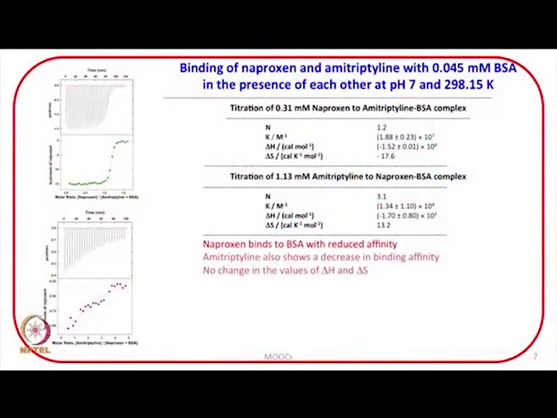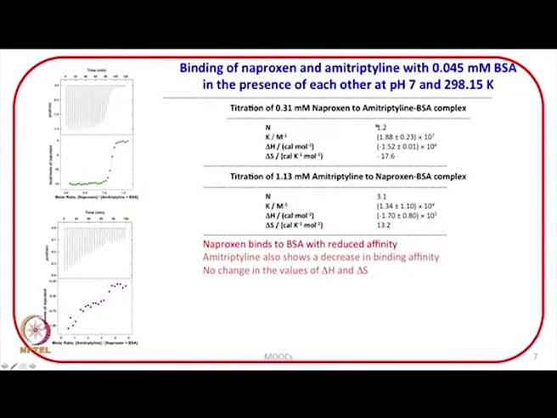Let us take a look at the data in this report. What was done is, the binding of naproxen and amitriptyline with serum albumin was studied in presence of each other.